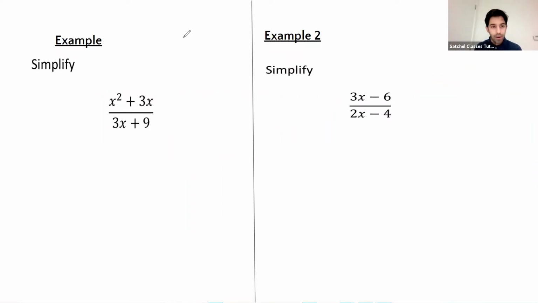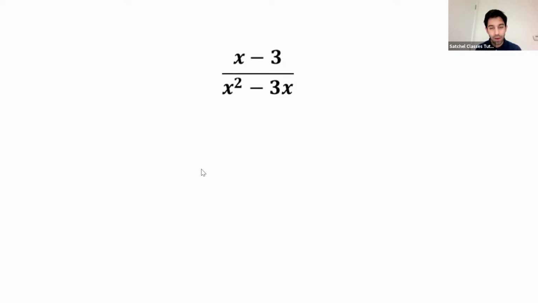All right, now let's have a go at some more. So we have x minus 3 over x squared minus 3x. Now, if you want to pause the video and have a go, by all means do so. What I'm going to do, well, I can't factorize x minus 3 because they don't have a common factor apart from 1, but we don't factor out 1. And then over here we have x squared minus 3x. x is my highest common factor. x minus 3 will be on the inside.